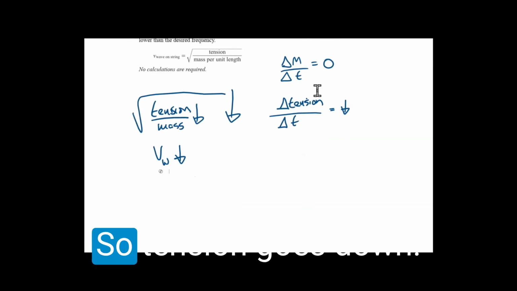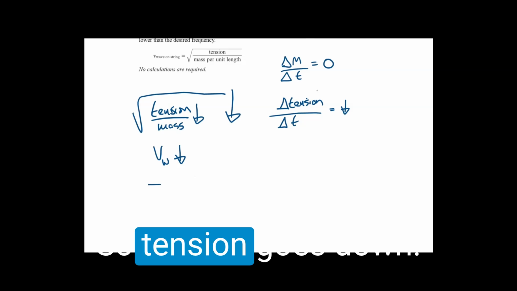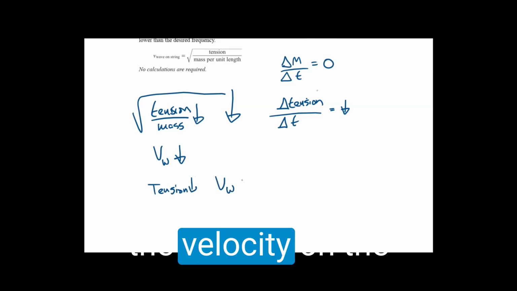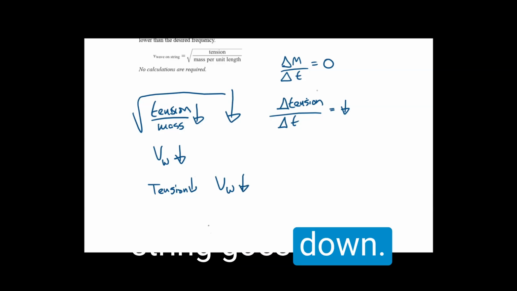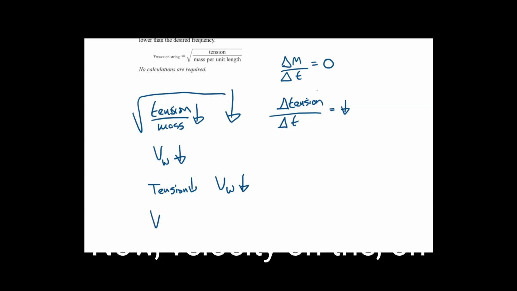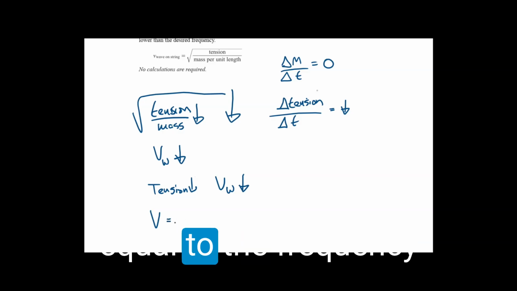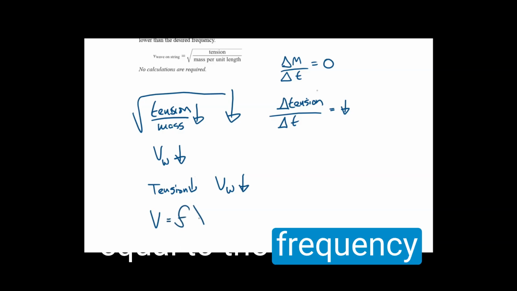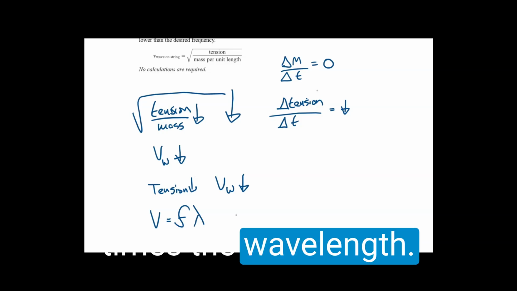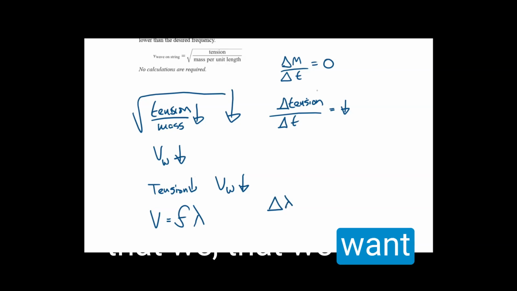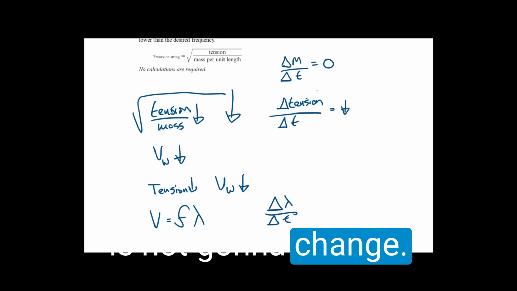So tension goes down, and that means that the velocity on the string goes down. Now, velocity on the string is equal to the frequency times the wavelength. The wavelength that we want is not going to change.